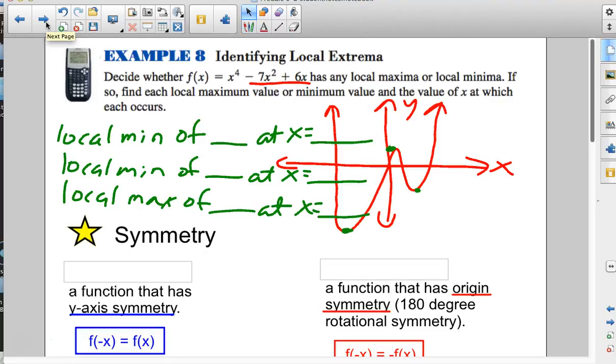Calculator time. So second trace, and number 3 is the minimum. And I just usually go left to right. You just want to find one way to always do this. You'd be on the left side of the valley and hit enter, and then move Blinky to the right side of the valley and hit enter, and enter to guess. So negative 2.057 is our x.